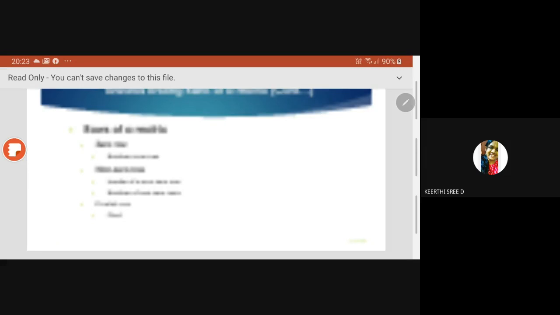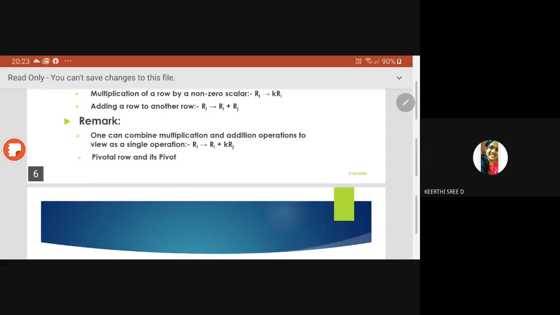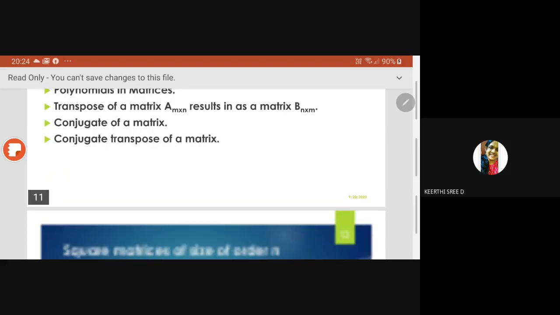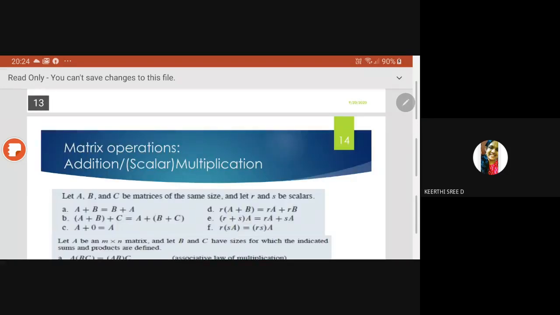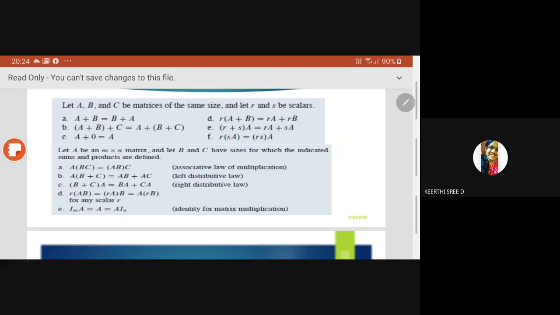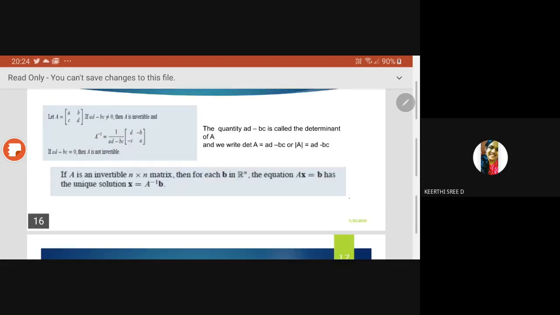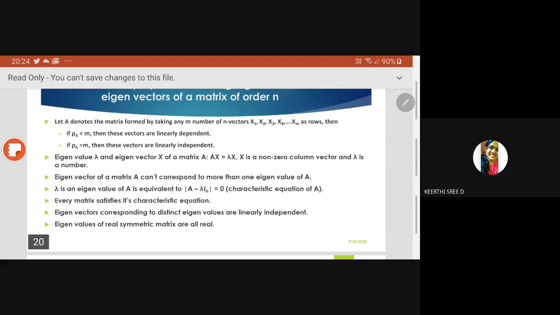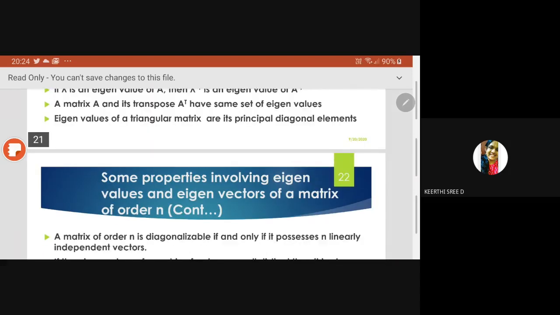In the last three slides, we talked about eigenvalues and eigenvectors. Yeah, both these slides talk about eigenvalues and eigenvectors.